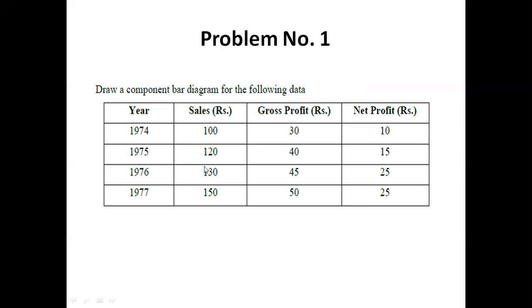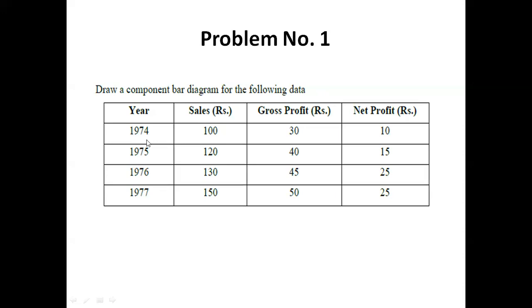In 75, sales is 120, gross profit is 40 and net profit is 50. In 76, 130, 45, 25. Like this, we have been given four years of information, a chronological comparison of the data.